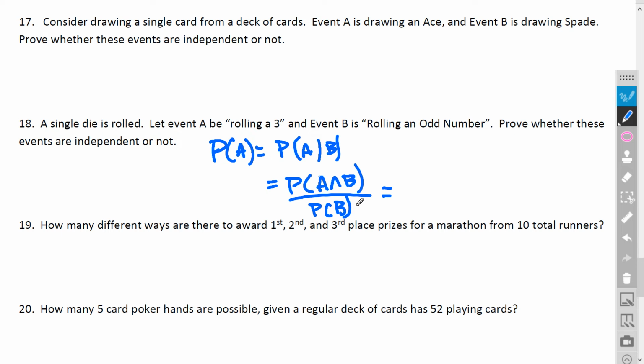So if I did it this way, the probability of them both occurring is 1 over 6. The probability of just event B is 1/2. So I get 1 over 6 divided by 1 over 2, which is 1/3.